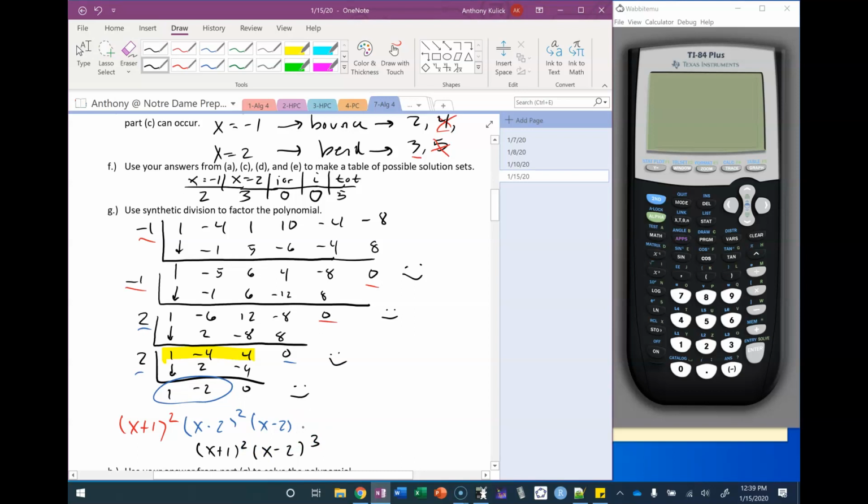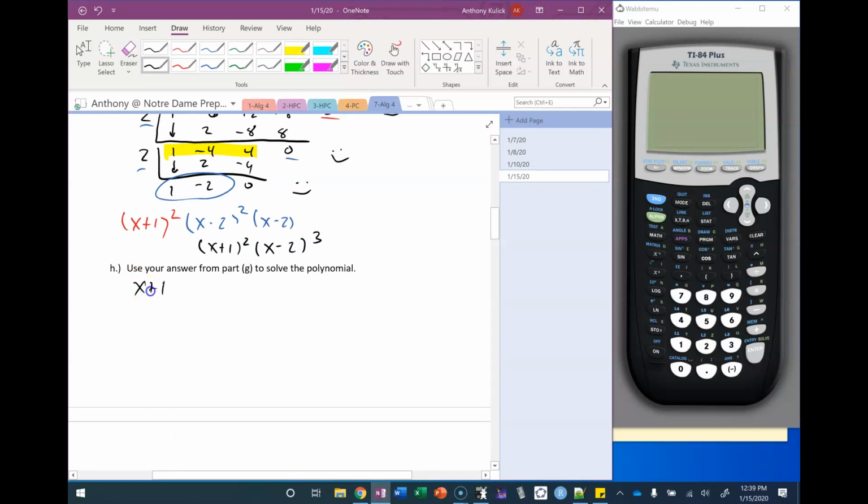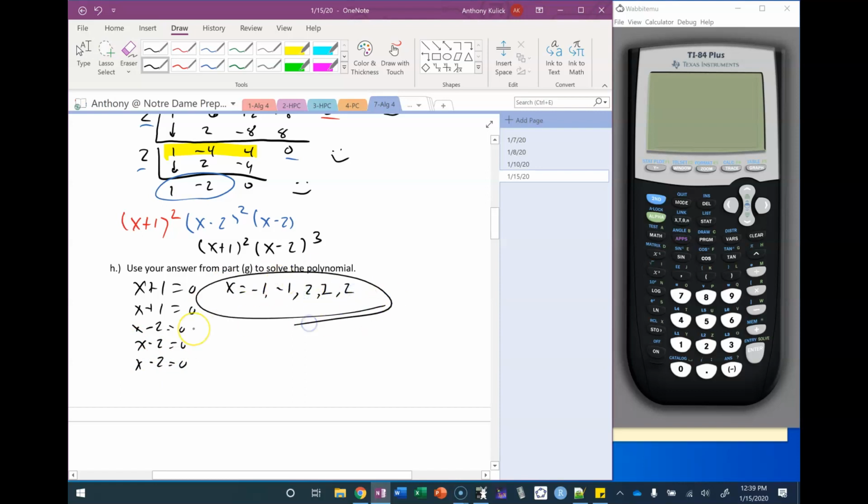Everybody okay with what I did there? Now that it's in factored form, it should be easy to solve. I just set each of these factors equal to 0 and then solve. So I get -1 twice and +2 3 times. So that's the first one.